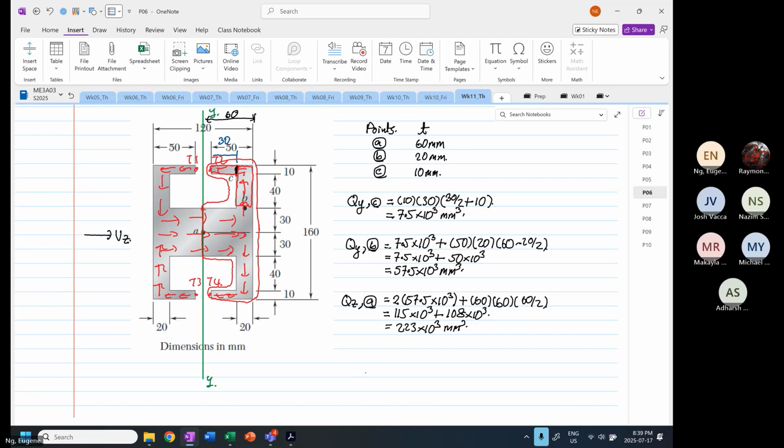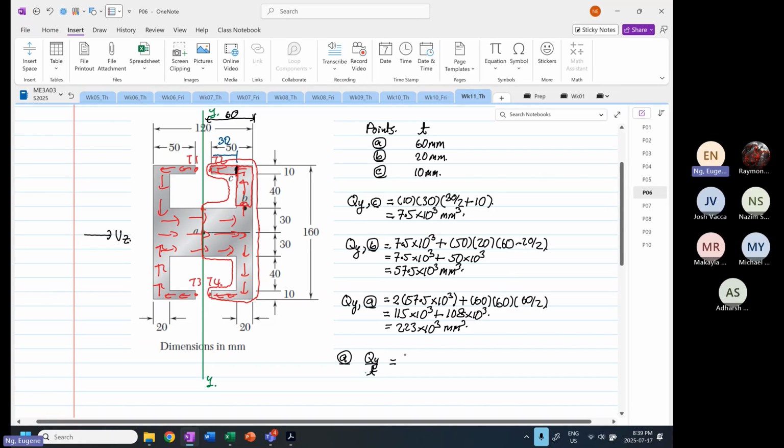Okay. So now we consider point A, right? And we're going to do the QZ over QY. So this will be equal to 223 times 10 to the power minus 6.